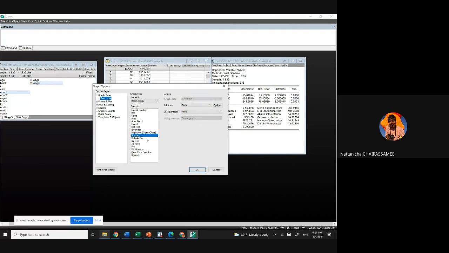Just click on the graph that you would like to plot. But this time, we are trying to separate a graph between black and white people. So you will see that on the top of it, they have a basic graph type, general, and they also have a basic graph here. Just click on it, and then choose categorical graph.